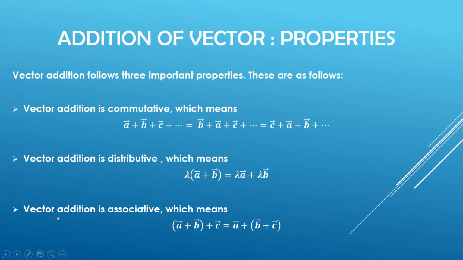This is known as the associative law. Vector addition also follows the associative law. This means that if we add A vector and B vector first, and the resultant is added to C vector, then this entire sum will be equal to B vector and C vector added first, and then the resultant is added to A vector. This is known as the associative law.